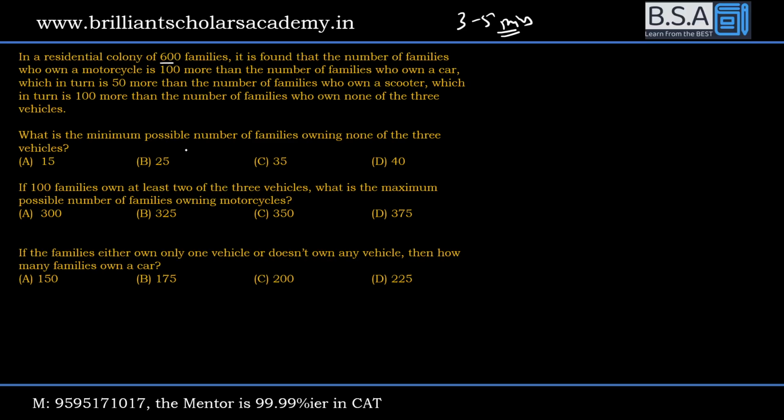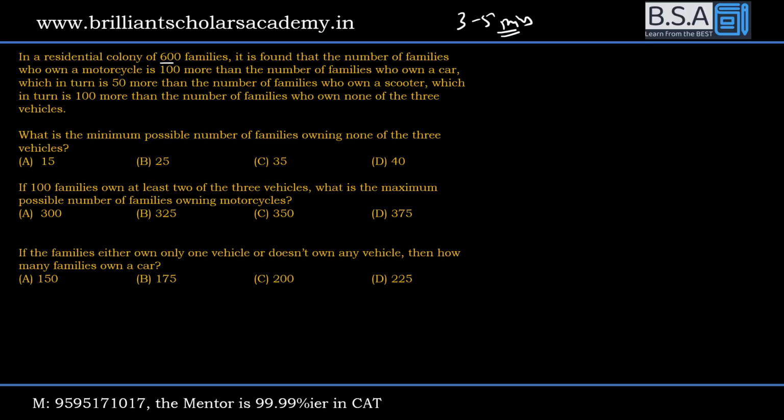What is the minimum possible number of families owning none of these vehicles? If 100 families own at least two vehicles, what is the maximum possible number of families owning motorcycles? If the families either own only one vehicle or do not own any vehicle, then how many families own a car?